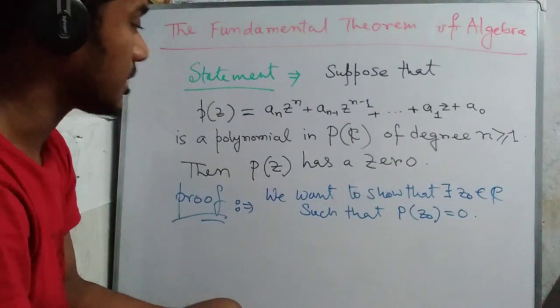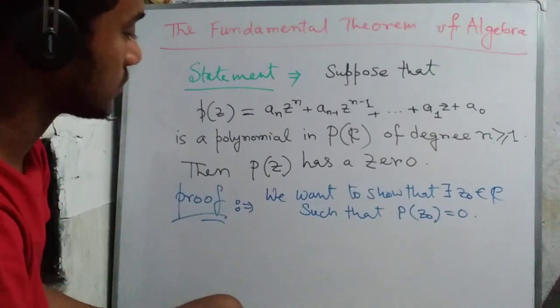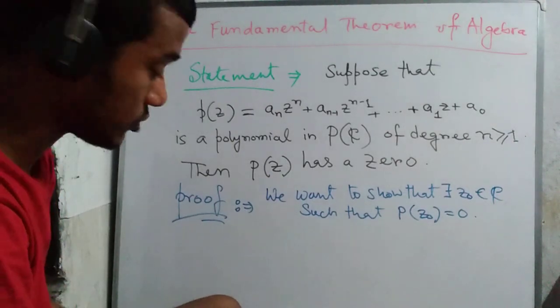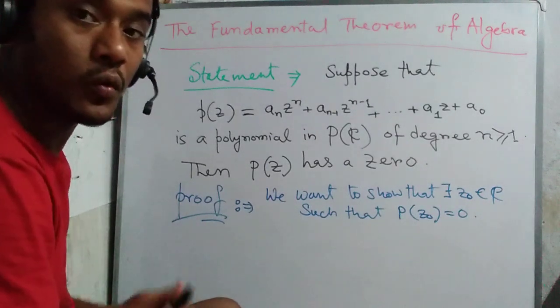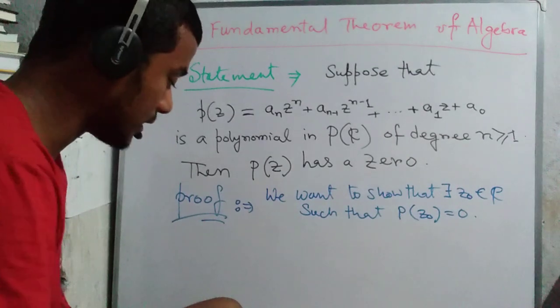That means p(z) has a zero means there exists z0 belonging to C such that p(z0) = 0.